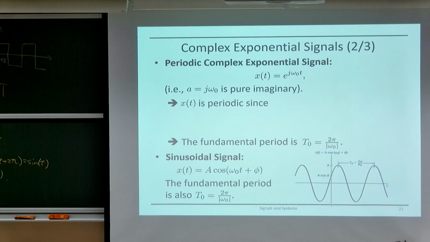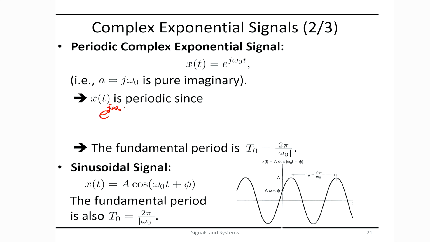It's because if you take e to the j omega naught t and e to the j omega naught of t plus capital T, you can show that you would be able to find some period, capital T, such that this becomes equal to the original signal, e to the j omega naught t.